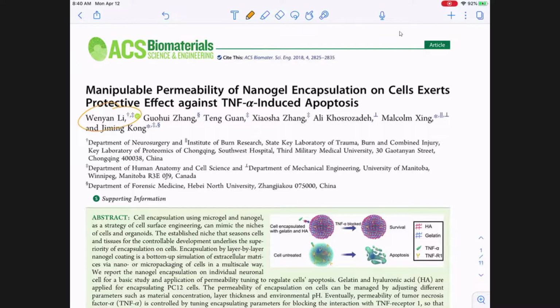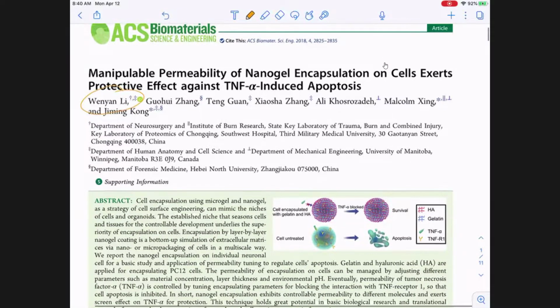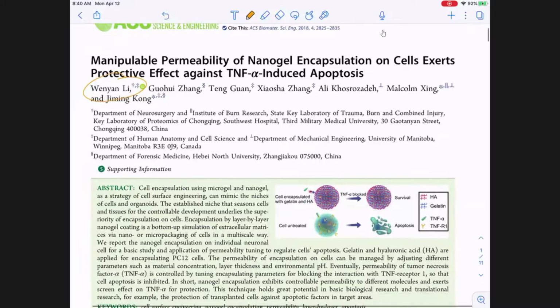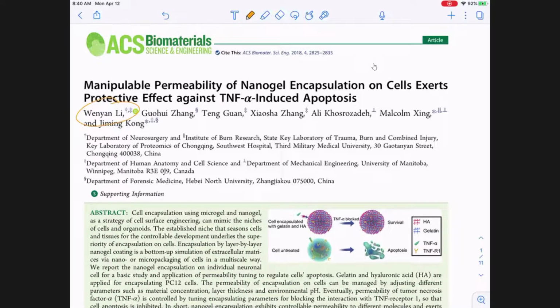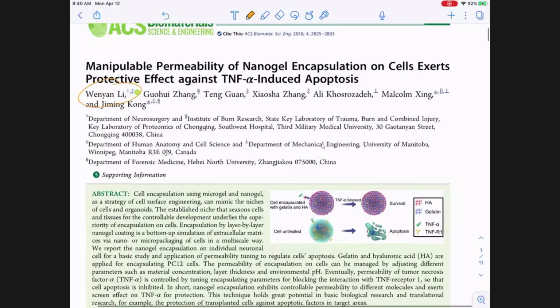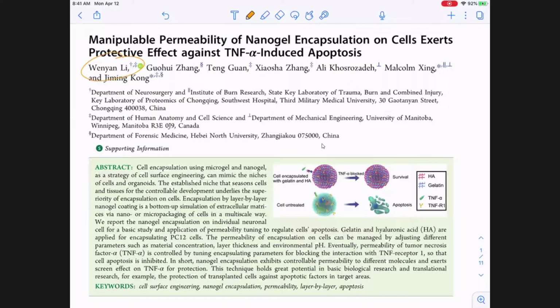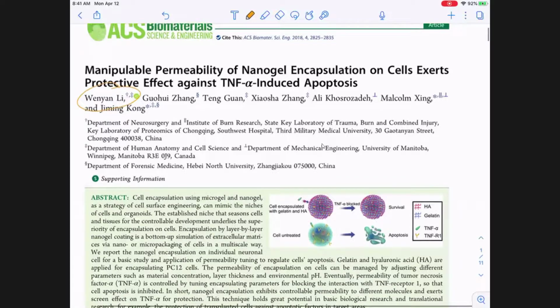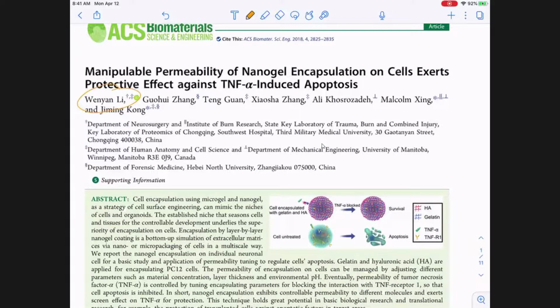So what we do is use nanotechnology to encapsulate a neuron stem cell, or neuron cells. There are multiple ways. We give a neural stem cell or neural cell a coating with a nanofilm.